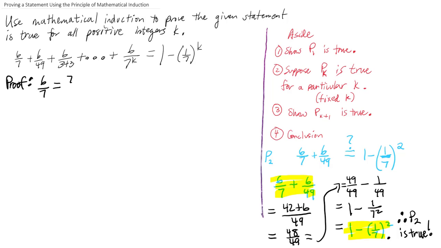Well, that looks like 7 over 7 minus 1 over 7, which is equal to 1 minus 1 over 7 raised to the first power. Well, did we show that proposition 1 is really true? Yes, we did. Therefore, proposition 1 is true.